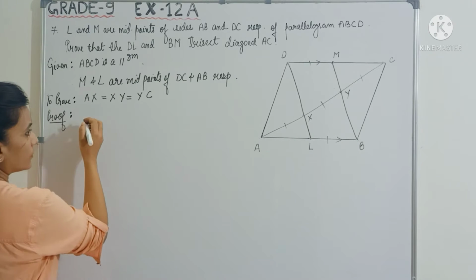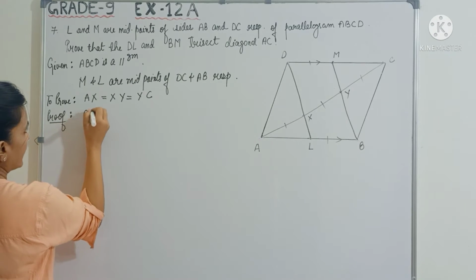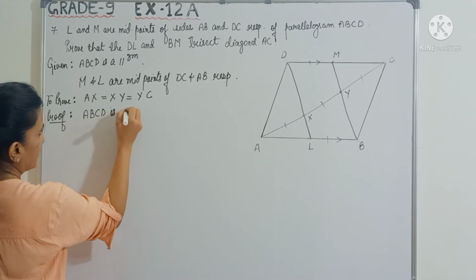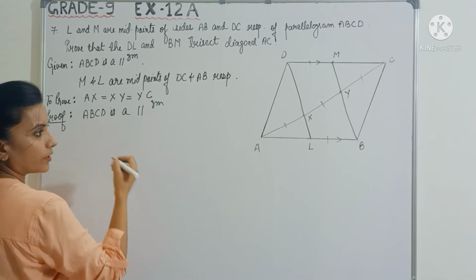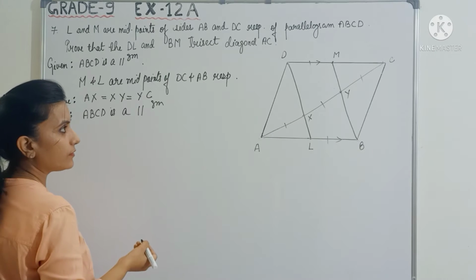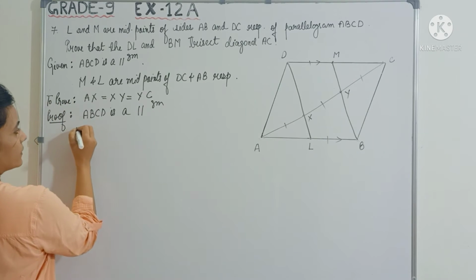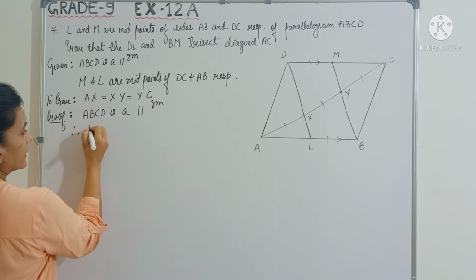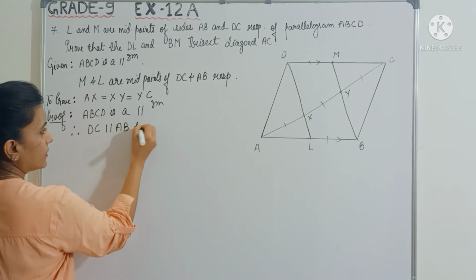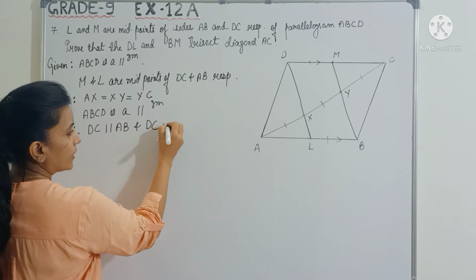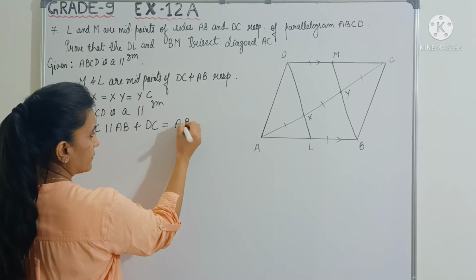So you can write down here ABCD is a parallelogram, right? In a parallelogram, the opposite sides are equal and parallel, right? So therefore DC will be parallel to AB and DC will be equal to AB, correct?